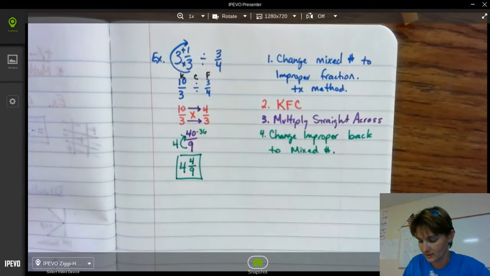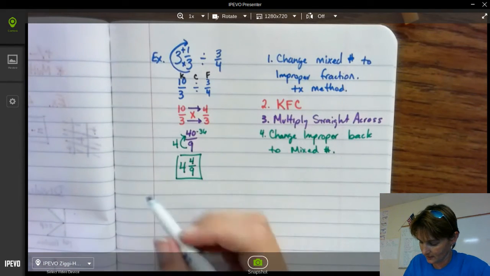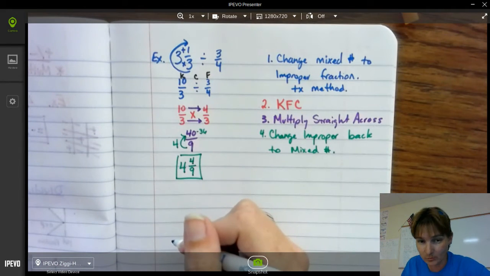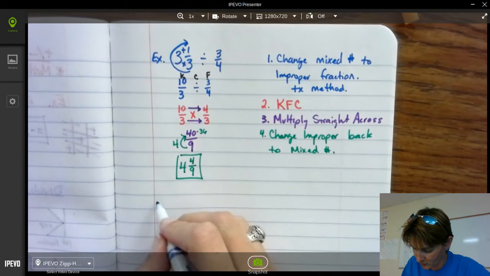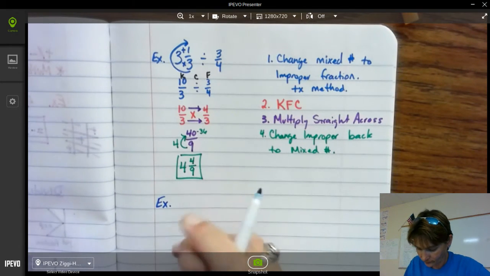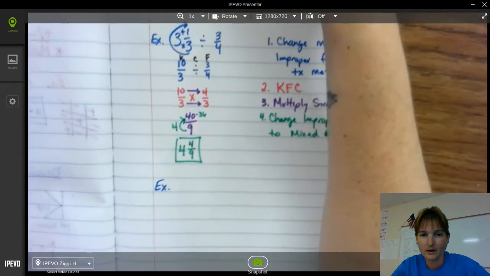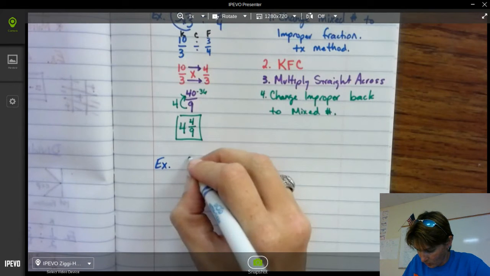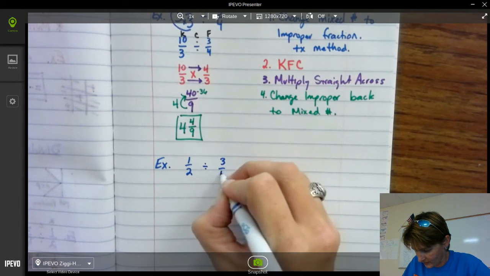All right. So the last example that we want to look at is now when we have positive or negative numbers. I'm going to take one of our first examples to basically get the whole concept across. All right. So we have 1/2 divided by 3/4.